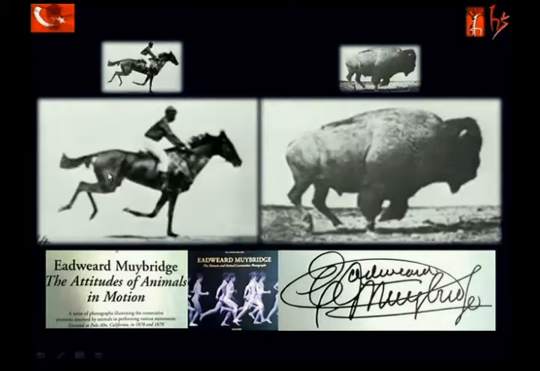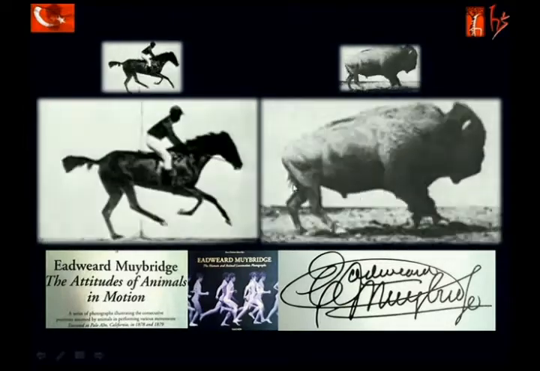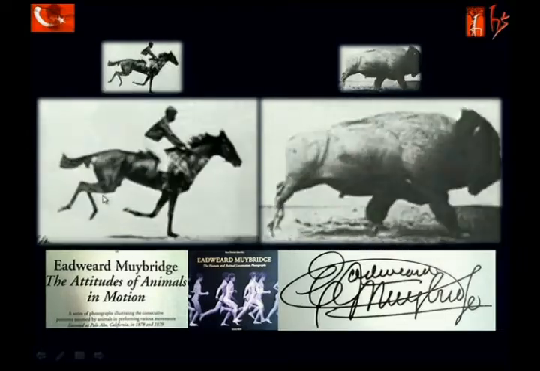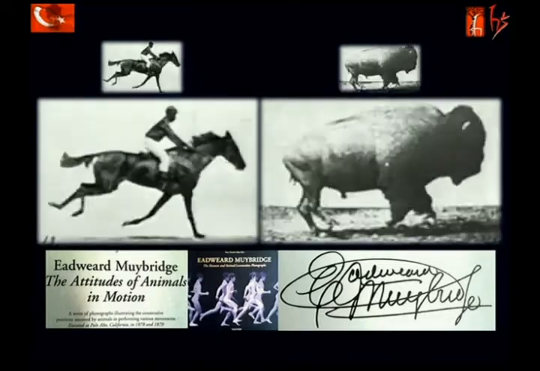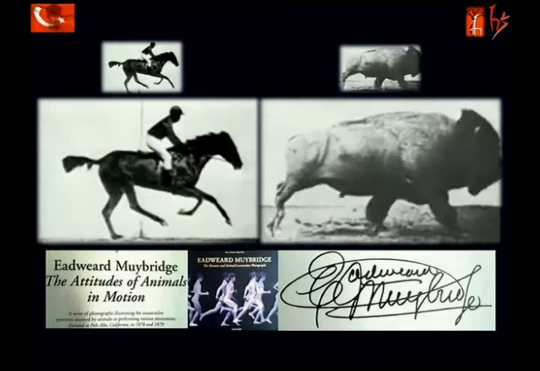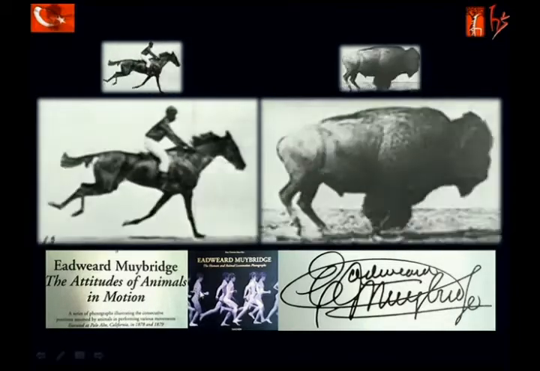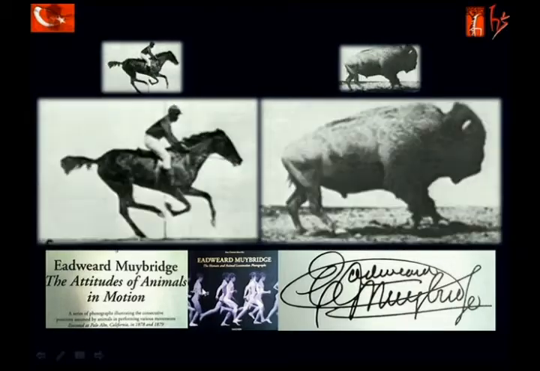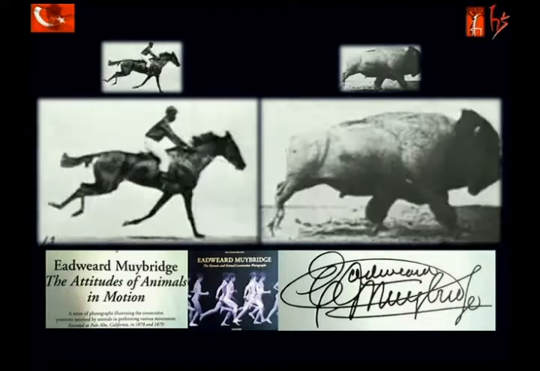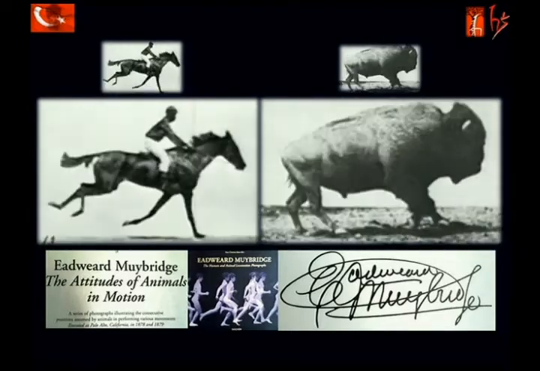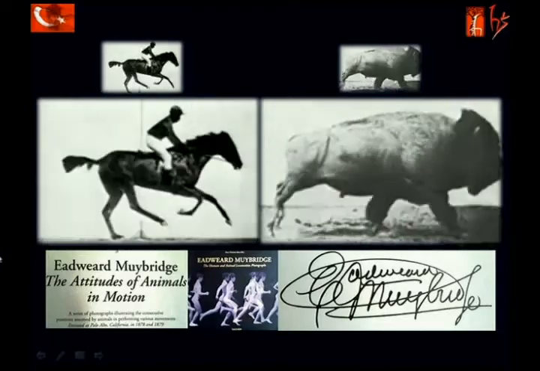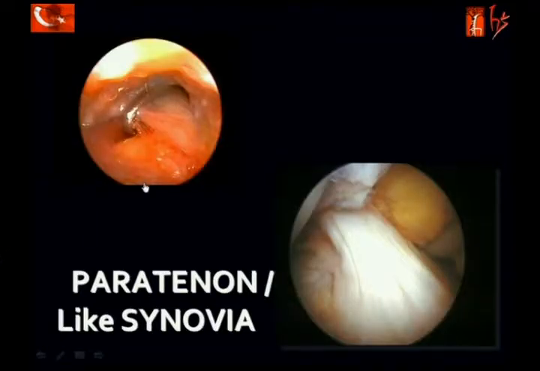This is the Achilles tendon of the bison right here, and this is the Achilles tendon for pushing the animal forward. Eadweard Muybridge was the first animator at the end of the 1880s, and I always show these slides before starting to show the Achilles tendon.